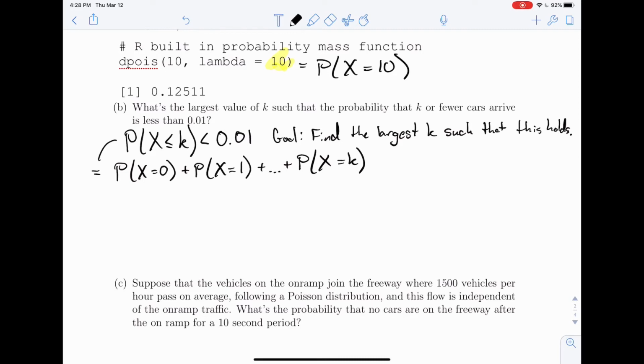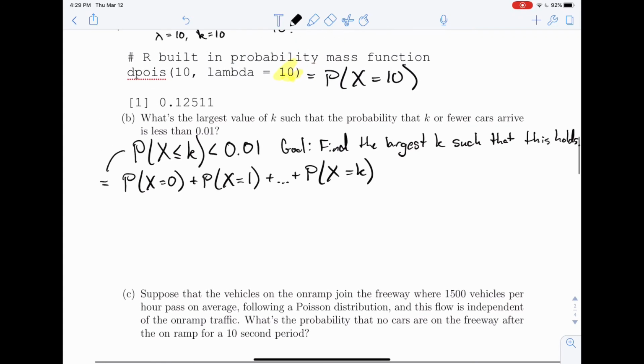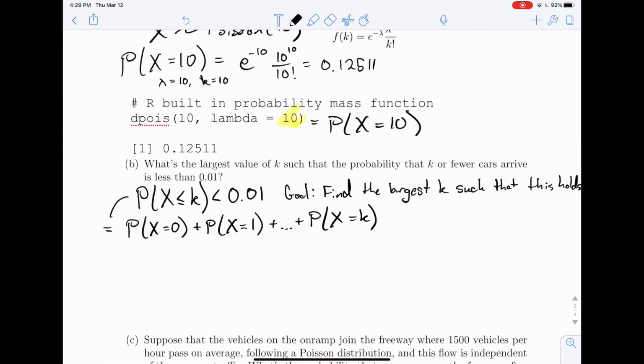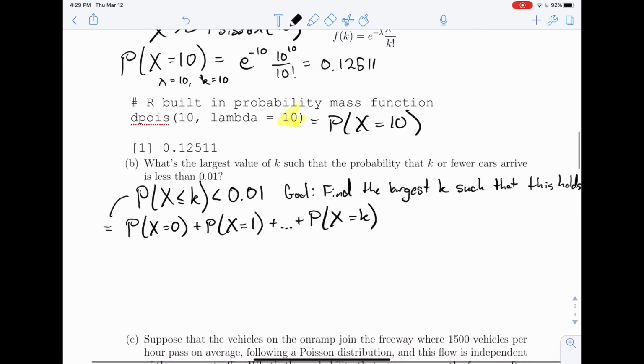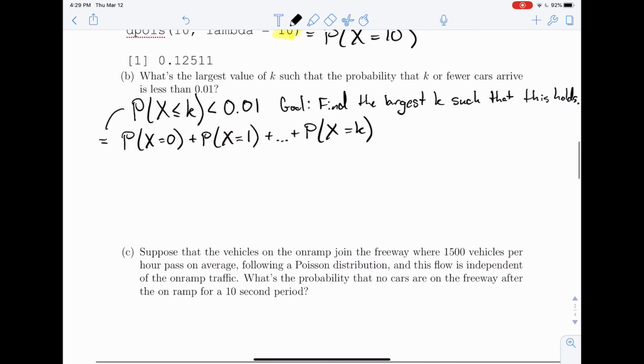So you have to add up all the probabilities up to k. We can again use the same calculation as above. Each one is the same. We just have to do enough of them until we start getting this.